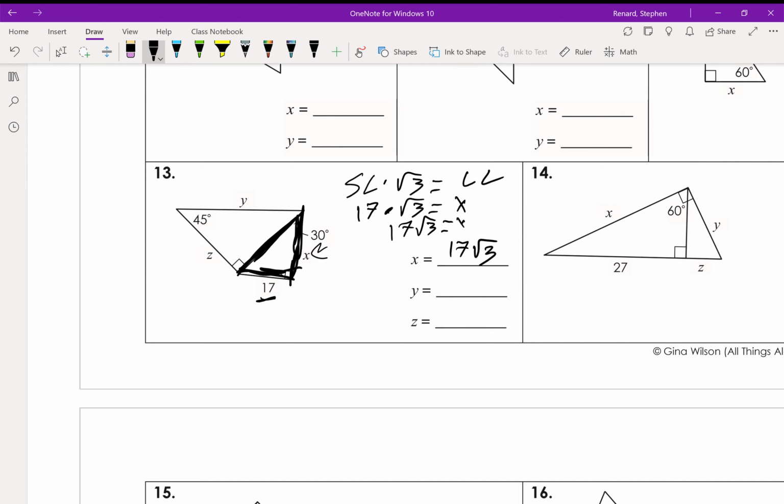Now we need to figure out y and z, which are these two. To do that, we're again going to focus on this triangle. We know that this is 17 radical 3. The hypotenuse of that triangle is going to be the short leg times 2, 34. Now we notice that 34 is a leg on this 45, 45, 90 triangle.